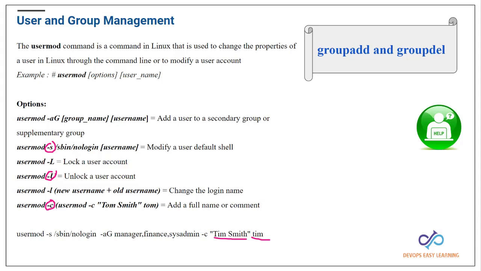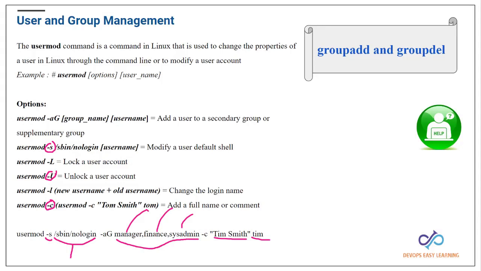Here it is basically a combination of some stuff. We say usermod and call this user. We want to give the user the shell /sbin/nologin so that the user will not be able to log in. We also want to add this user into 3 subgroups, which are manager, finance, and sysadmin.